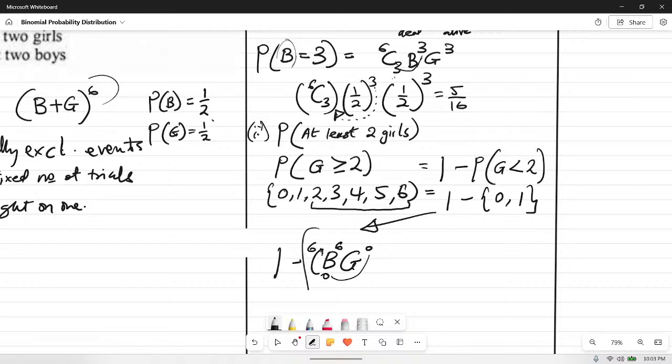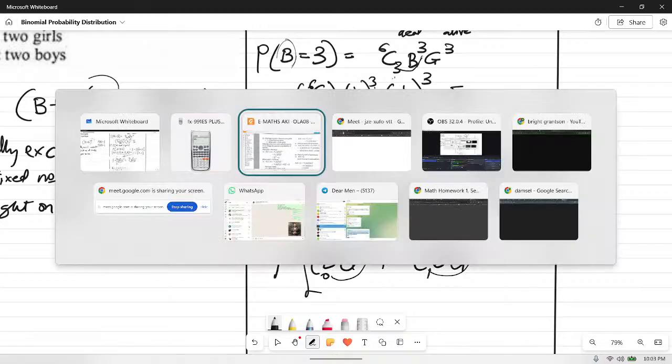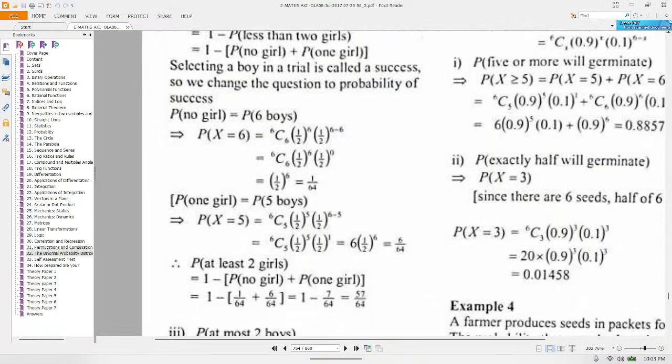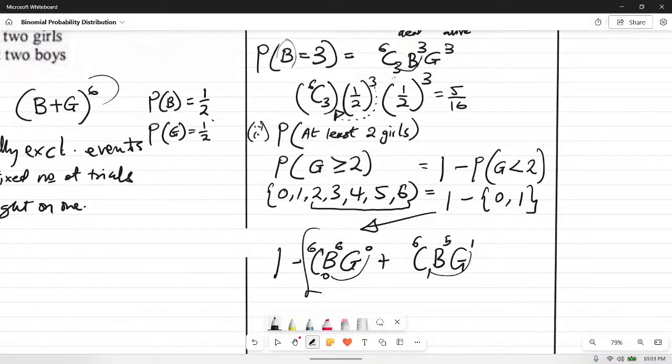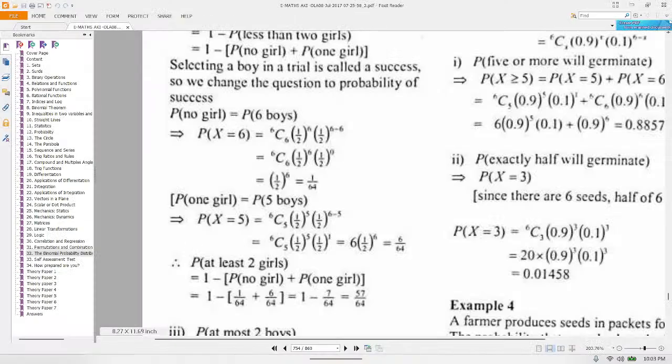Now this one, solve it this way, plus if you have j exponent 1, b will be exponent 5, and 6 combination 1. Check if this, that's how they did the second one. They interchange the exponents. Let me check if this one is okay. And this is 5. 5 boys, 1 girl.